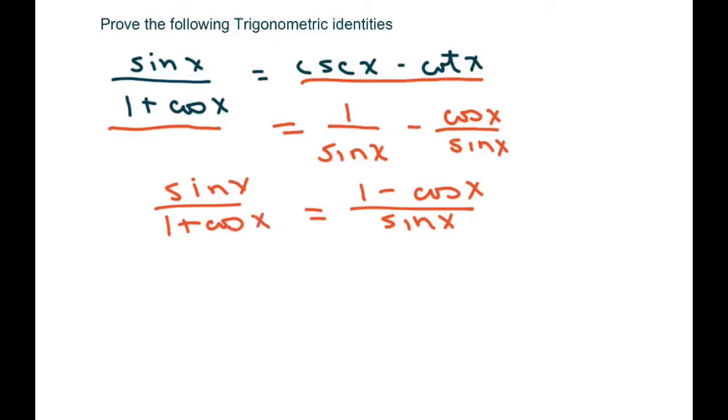When you see something like this, all you're going to do is multiply by the conjugate. Since we're working on the right side, let's multiply the numerator by 1 plus cosine of x. So that's the conjugate. And the denominator, you have to also do the same.